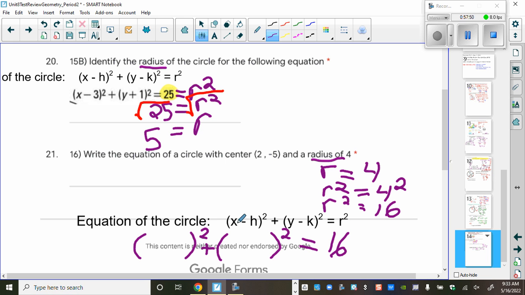What coordinate is going to go first, x or y? What always comes first? x.